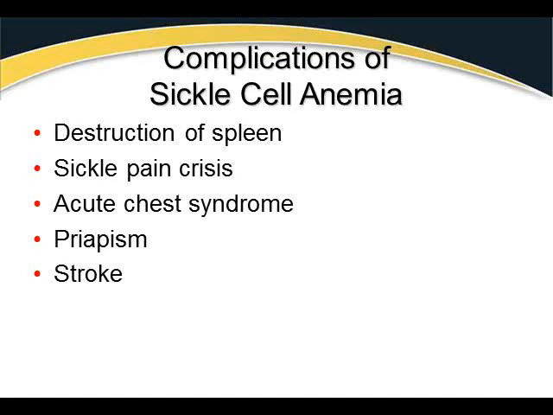They can have a sickle pain crisis in which all these cells start to kind of catch on themselves. So if we think about taking a handful of red blood cells, maybe putting them in a Yahtzee shaker cup, like we're going to roll some dice, and we shake them up and we dump them out on the table, they're just going to kind of scatter everywhere because there's no reason for them to stay together. They kind of bounce off.